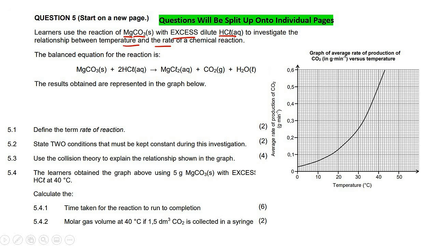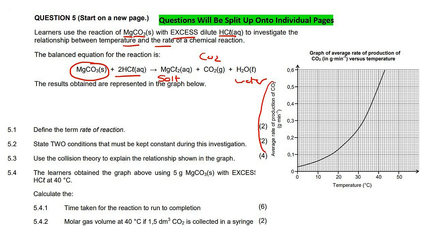Typically they like to do these reactions where you have an acid and some type of base, like a metal carbonate, because when you react a metal carbonate with an acid, it always produces a salt, water, and CO2. Now the CO2 is a gas, and they love to use questions where they measure how much gas is produced, for example.